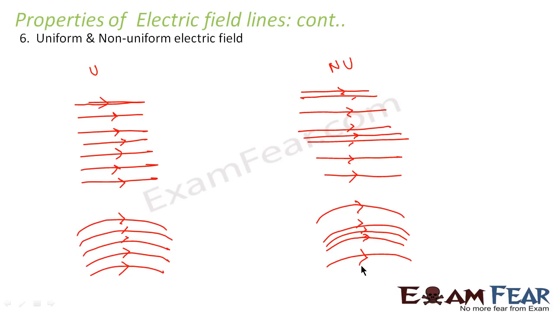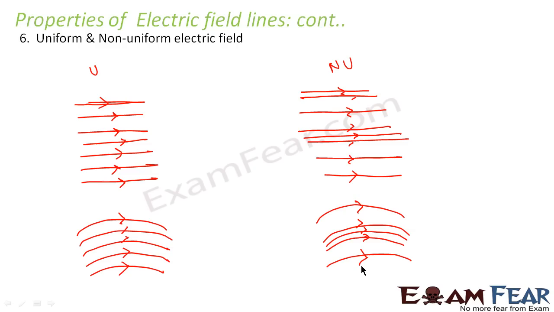So what all did you study? The field lines will always be parallel to each other. Number of field lines is directly proportional to the amount of charge. If the field lines are equidistant from each other, that represents a uniform electric field. Otherwise, it is a non-uniform electric field, right? And you also studied the lateral pressure during repulsion with like charges, and the contraction during attraction with unlike charges.